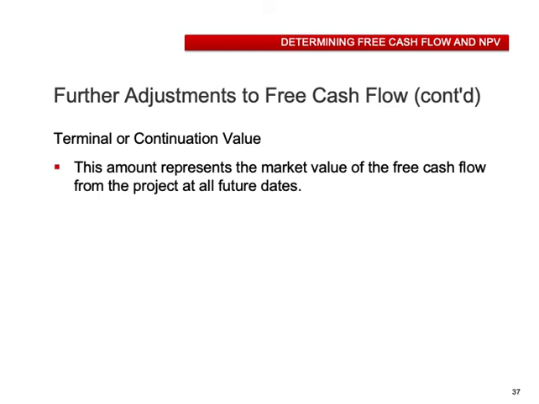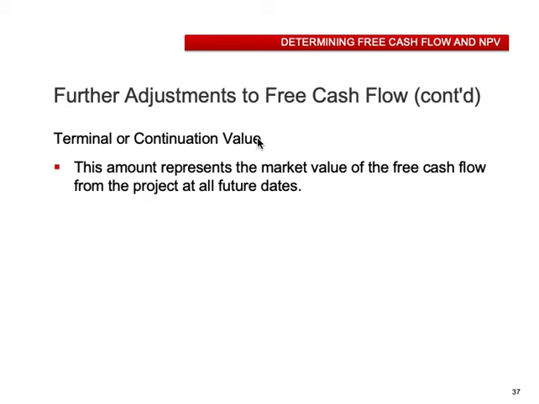The last adjustment to free cash flow that we're going to discuss is called terminal or continuation value. Now, in our spacecraft example, we have seen that the underlying asset has a limited economic life of 4 years, which actually means that after year 4, the spacecraft is not producing any cash flow.